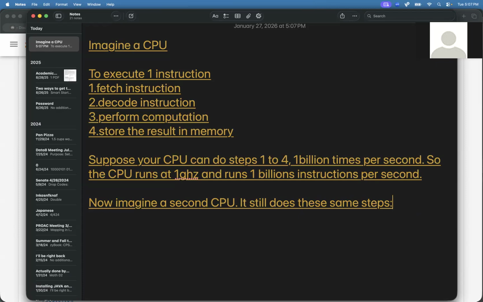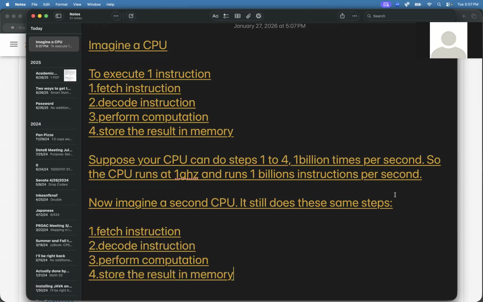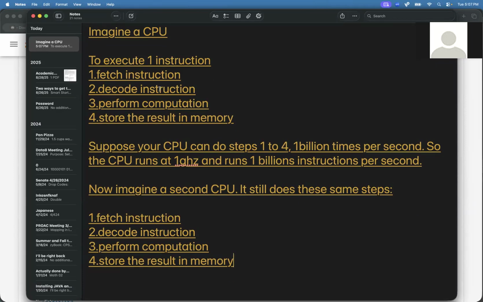But here's the difference. After you fetch the instruction, then you decode the instruction, okay? But when you're decoding the instruction, the hardware that fetches the instruction is just sitting there doing nothing. And then after you decode the instruction, you perform the computation, right?